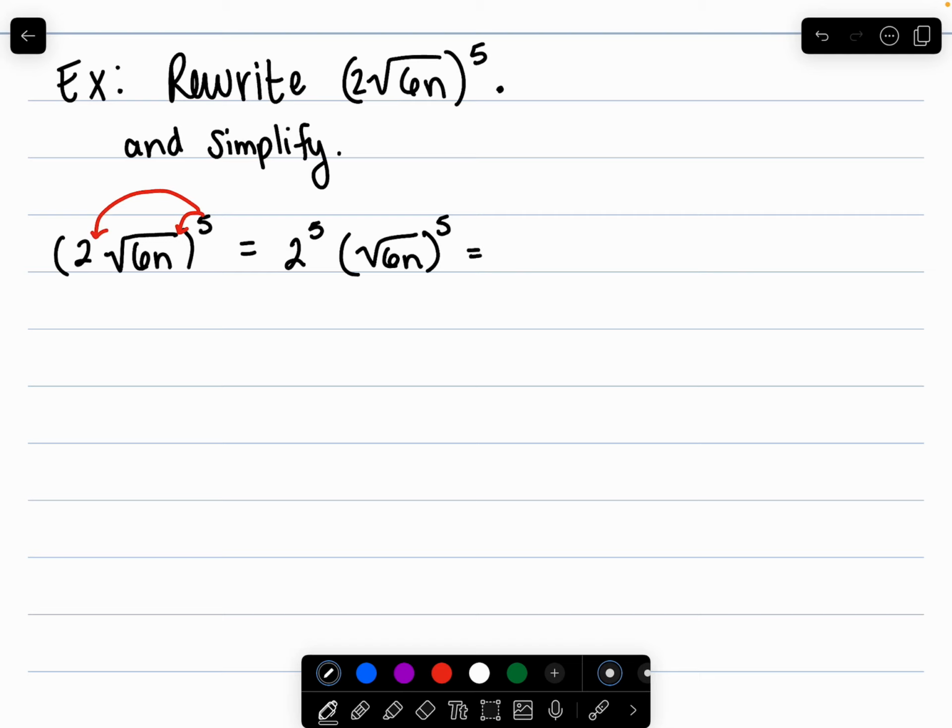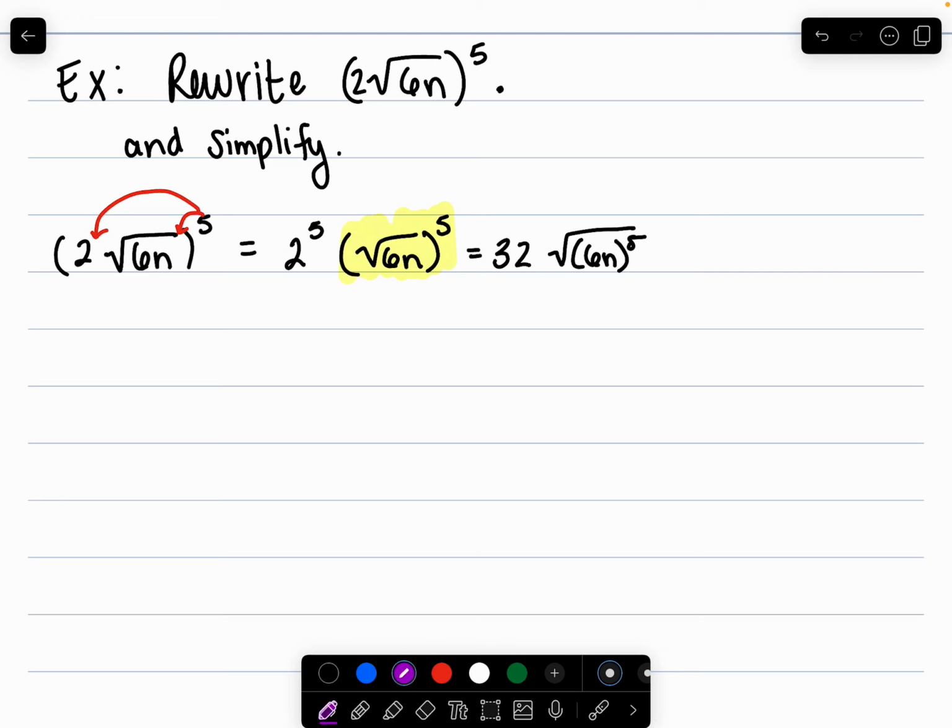And then 2 to the 5th power is just 32. And if you guys see something like this, that means you just put the parentheses on the inside and put the exponent on the inside as well.